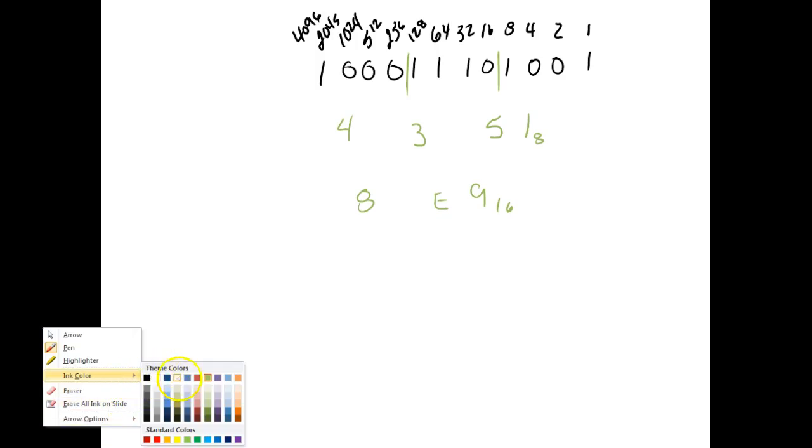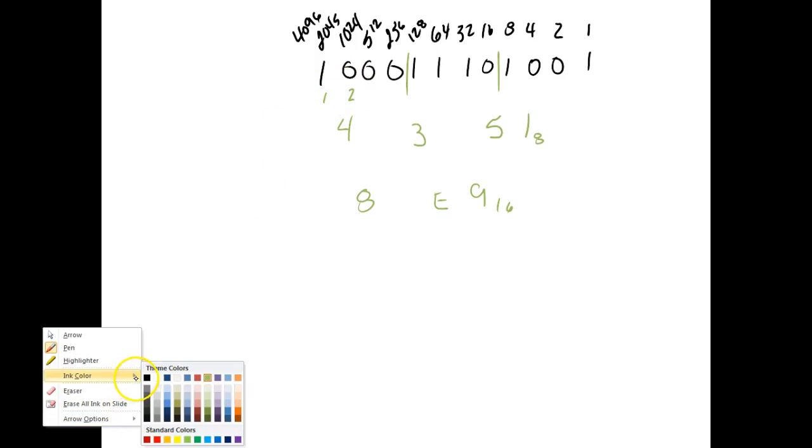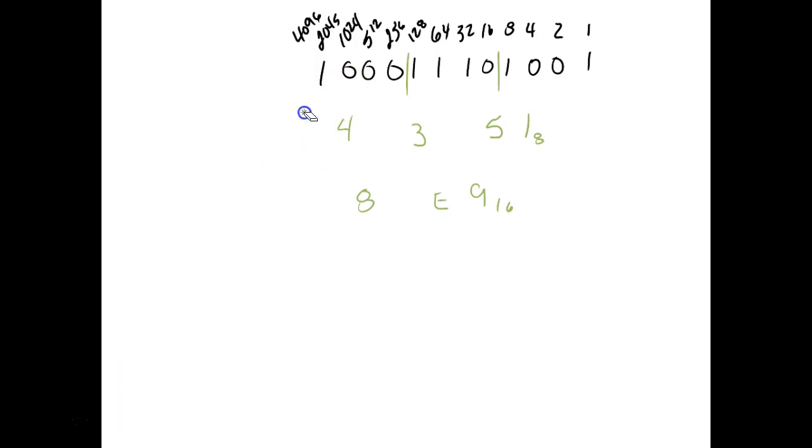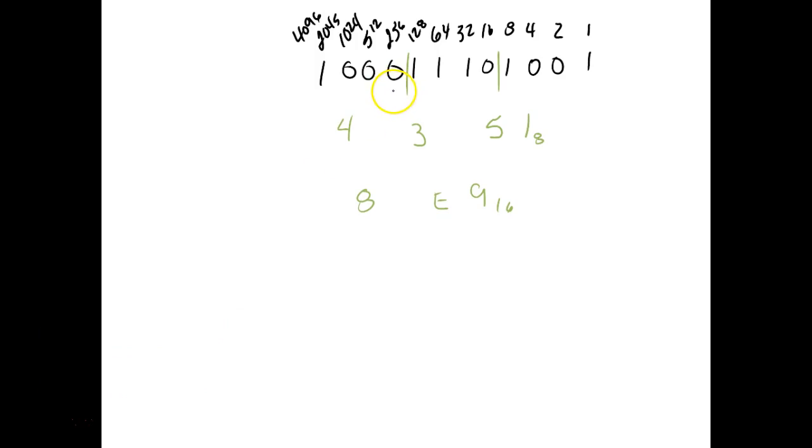What we're doing now, once we go into hex, we're not looking at the 1, 2, 4, 8, 16, 32, 64 anymore. We're going 1, 2, I'm sorry, backwards, guys. Don't let me do it. We're doing 1, 2, 4, 8. 1, 2, 4, 8. 1, 2, 4, 8.